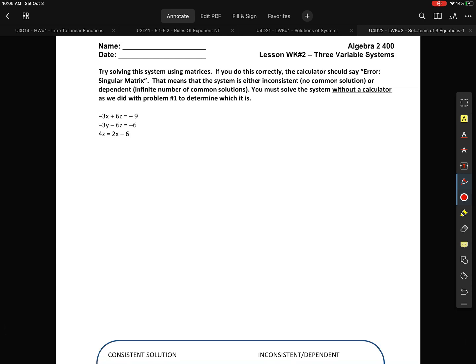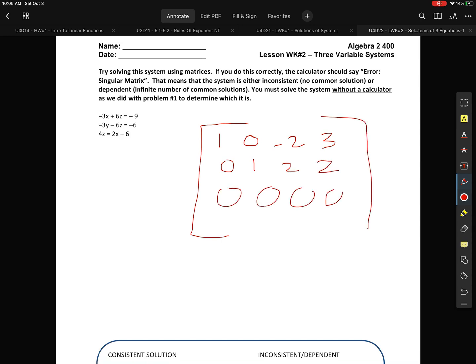Solving the system by hand, I feel like a lot of you are going to figure out, have that idea. But I just want to show you, if we used our calculator for this one, we would get 1, 0, -2, 3, 0, 1, 2, 2, 0, 0, 0, 0 as our answer matrix.